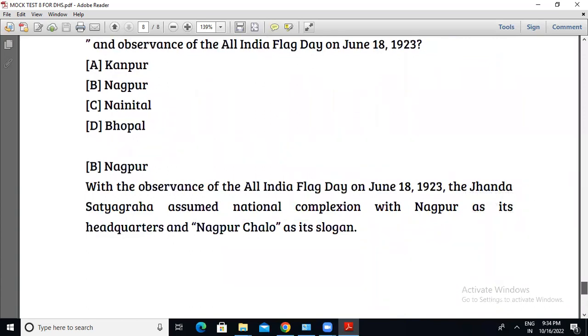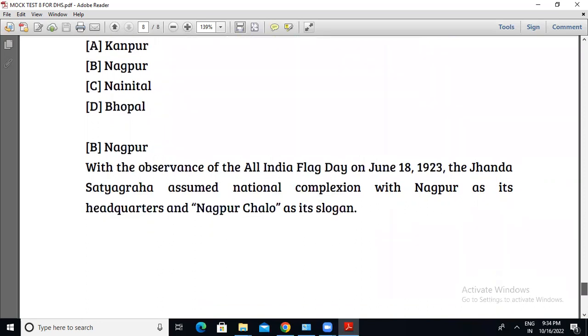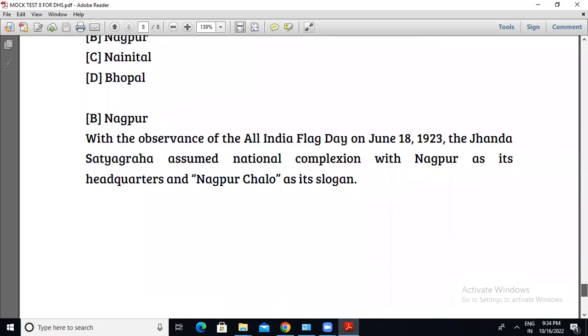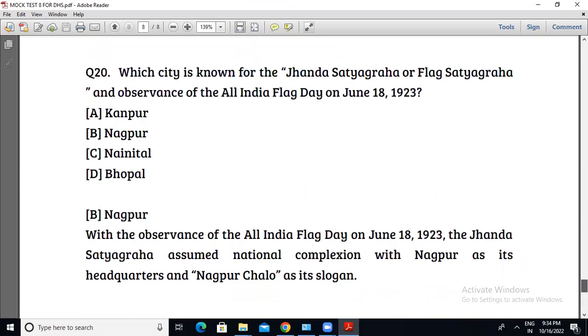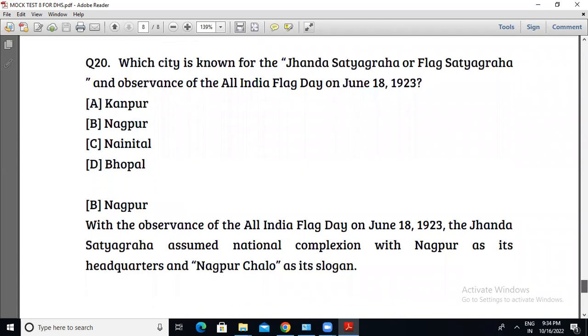With the observance of All India Flag Day on June 18, 1923, the Jhanda Satyagraha assumed a national complexion with Nagpur as its headquarters and 'Nagpur Chalo' as its slogan. So মনত ৰাখিব, Jhanda Satyagraha বা Flag Satyagraha ক'ত হৈছিল, Nagpur, June 18, 1923.